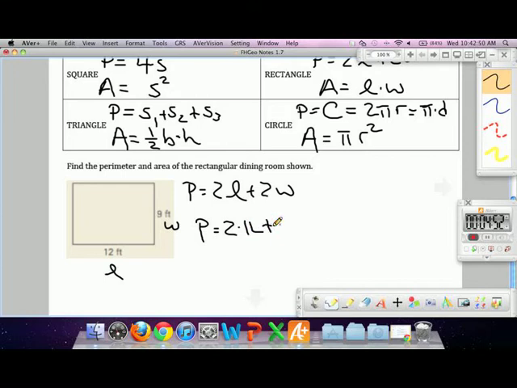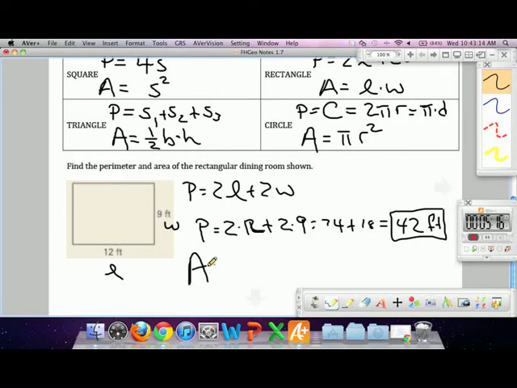Twice of 12 is 24, plus 18, which is 42, and our unit is feet. Similarly, the area is just the length times the width, which is 12 times 9, which is 108. And what's the unit that goes with area? Feet squared.